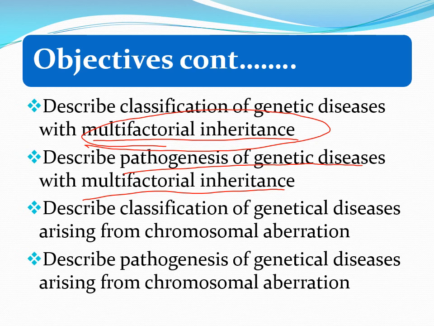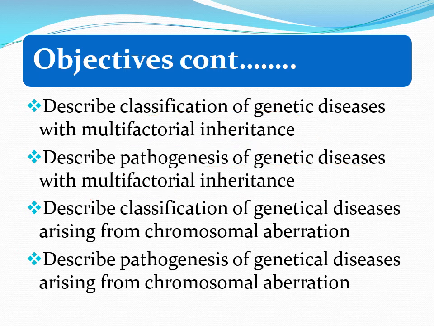This is another category or class of genetic disease. So we have to describe them, to describe the pathogenesis, to mention the disease which fall under category of multifactorial inheritance.